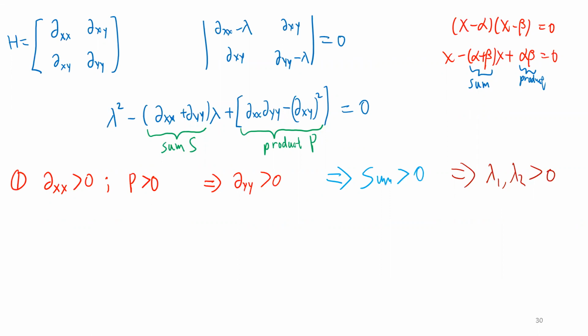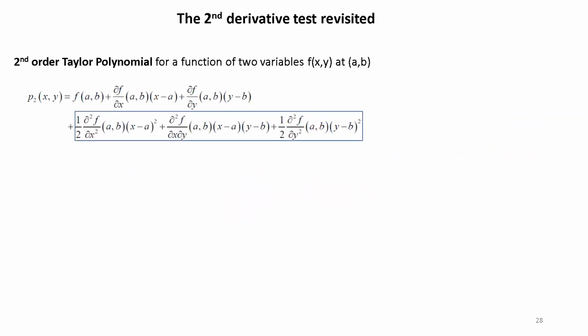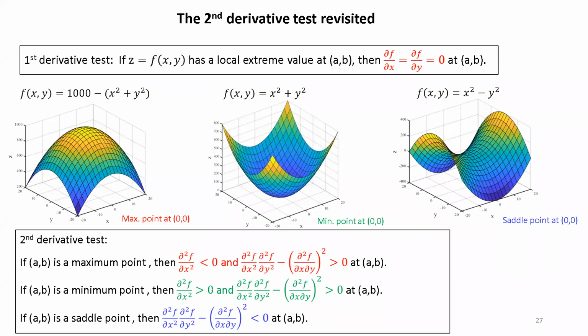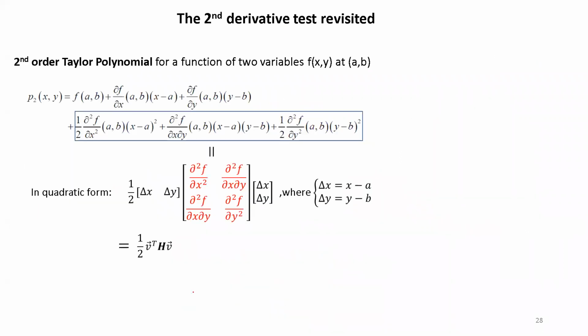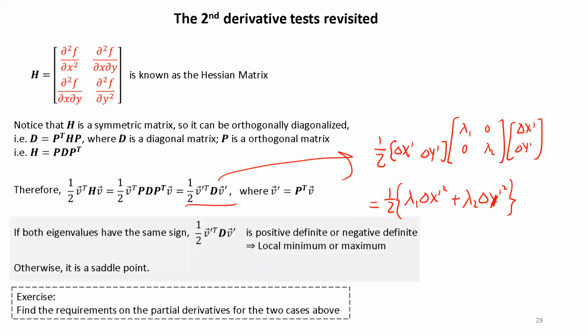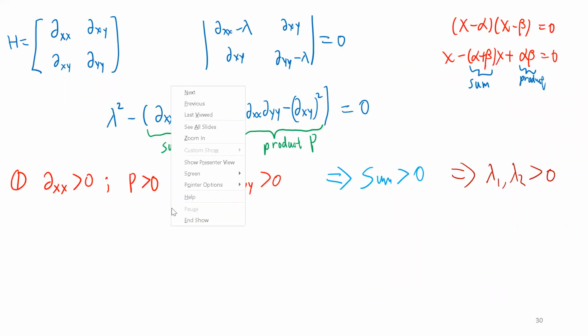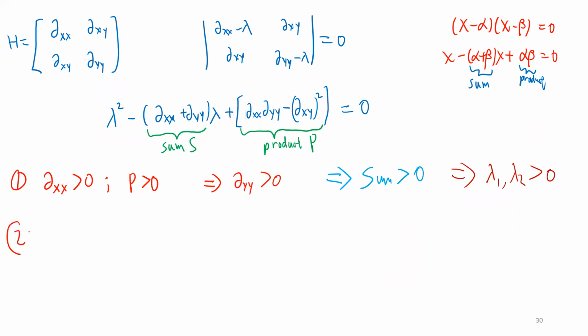which is where the second order partial derivative of the function is negative, but the product of the roots is still positive.